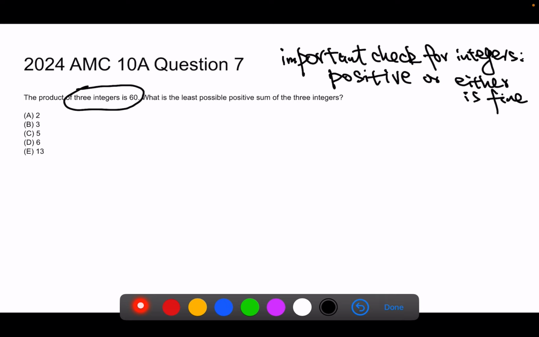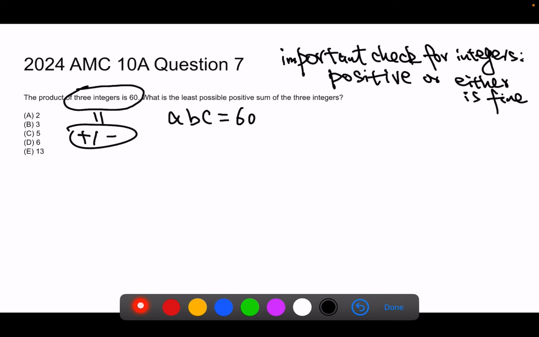This is a question where they're saying the product of three integers is 60. There's no "positive", which means positive or negative are fine. And that is very important, because think about this: you need three numbers multiplied together, A, B, C, to equal 60. You need their sum to be as small as possible, even though it still needs to be positive.